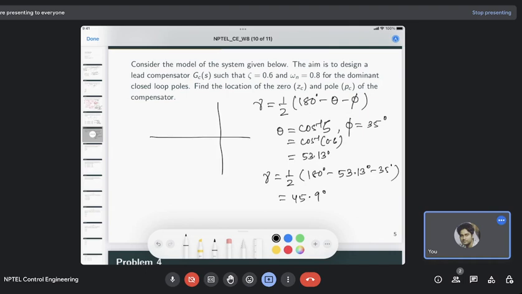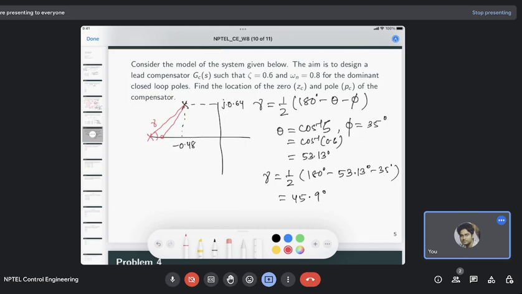So you want your dominant pole to be located here, at minus 0.48 plus j 0.64. Now, let's say you want to place the pole here and the zero of the compensator here. We know that this angle from that pole should be gamma.